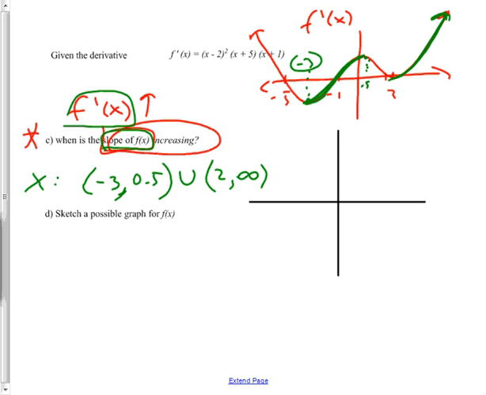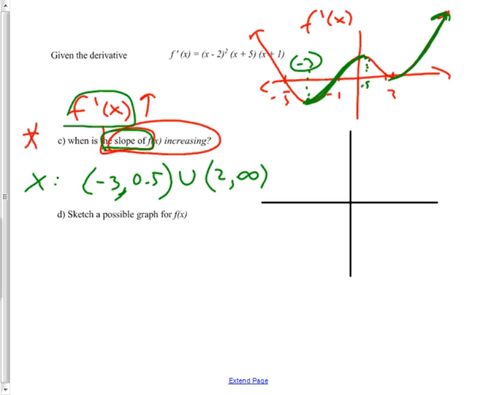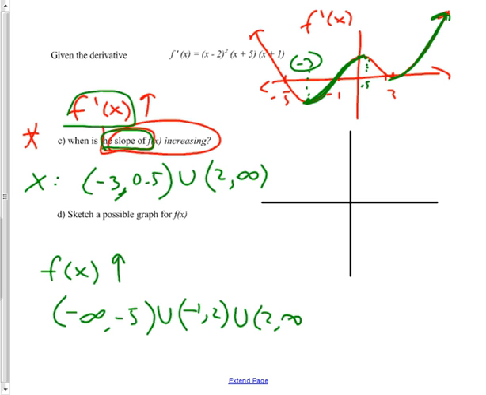So tying this all together, to get a graph of f of x, we know that f of x is going to be increasing for -infinity up into -5, from -1 to 2, and from 2 to infinity.